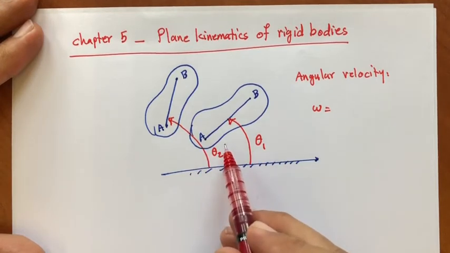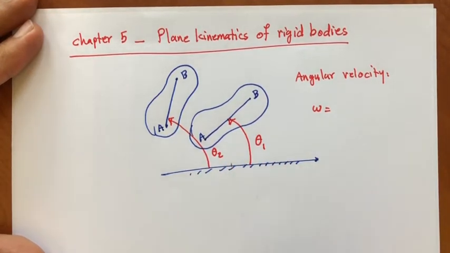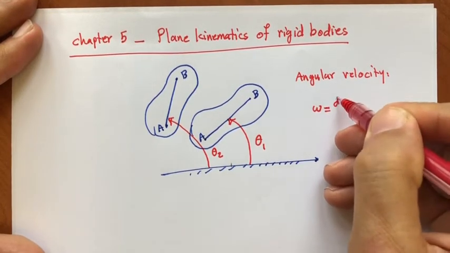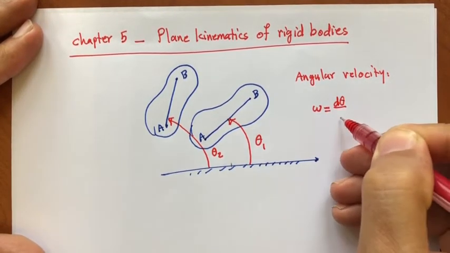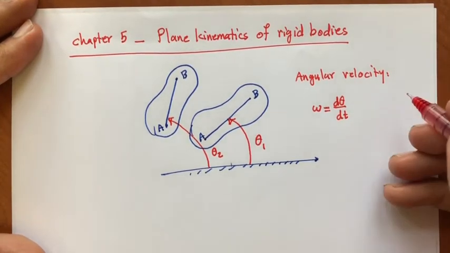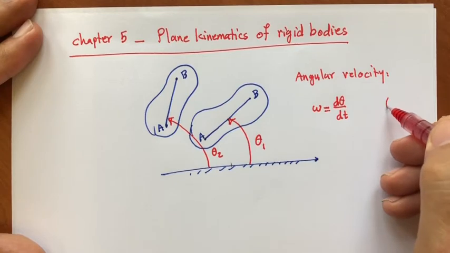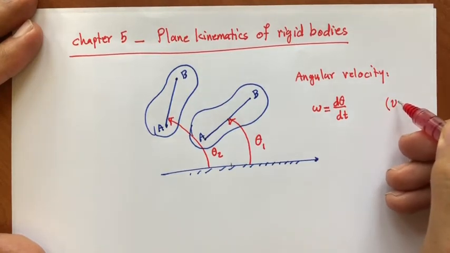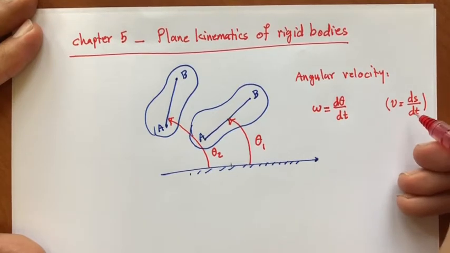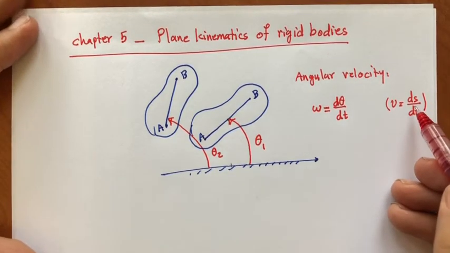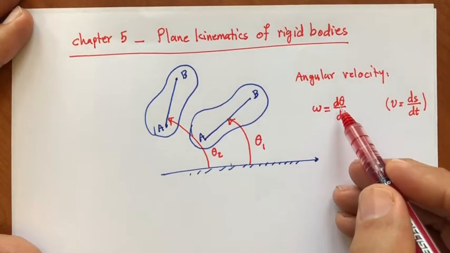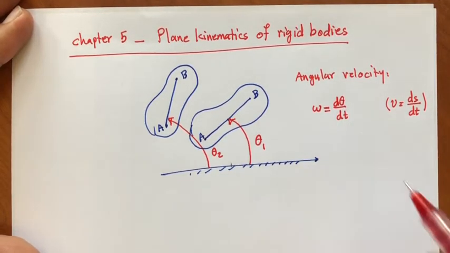And if these times are very close to each other, the change in the angle over time, we can show with the differentiation. It is very similar to what we had for velocity. So the definition of velocity was this: velocity is equal to ds dt. In velocity, we are taking derivative of the position with respect to time. In angular velocity, we take derivative of the angle or orientation over time.